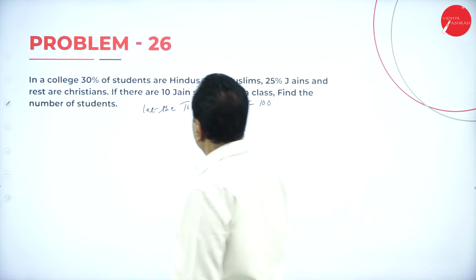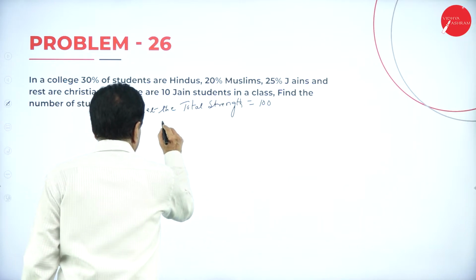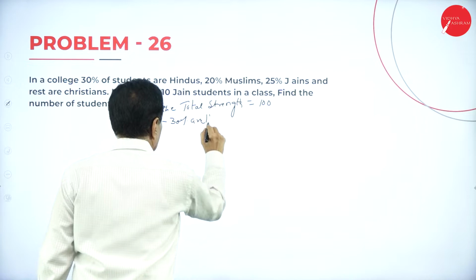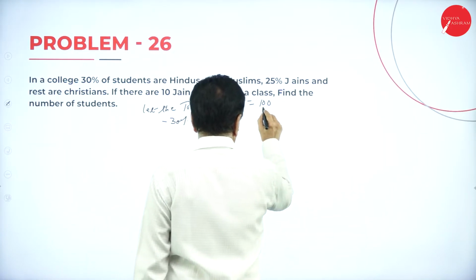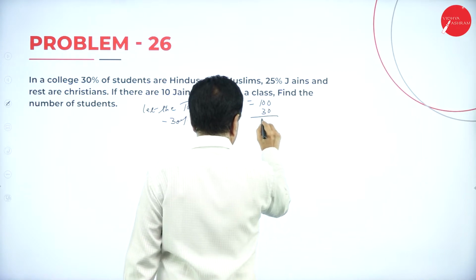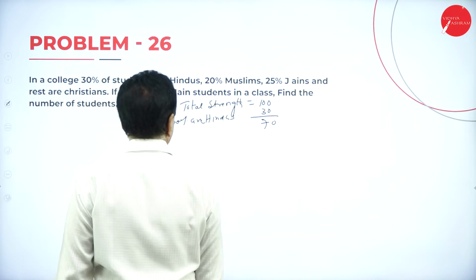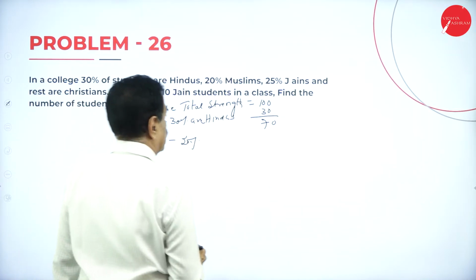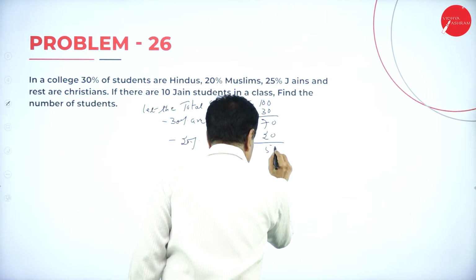Out of that, 30% are Hindus, so 30 gone, balance 70. Minus 20% Muslims, balance 50.